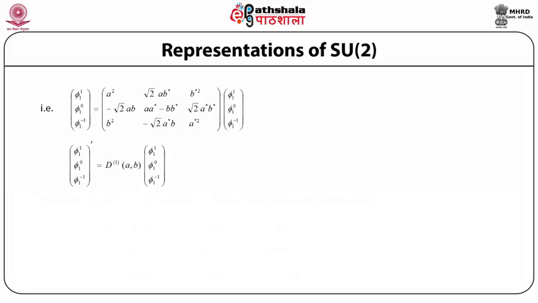So putting all these things together, we can write phi 1 1, phi 1 0, phi 1 minus 1 prime in the form of a matrix D1 with a function of parameters a and b acting on this column vector, where the matrix D1 of a, b can be expressed in terms of the Euler angles.